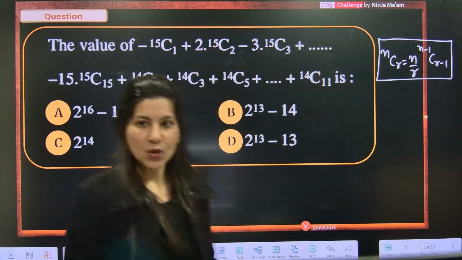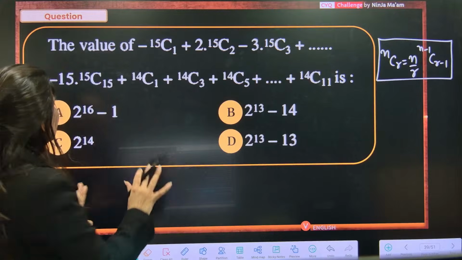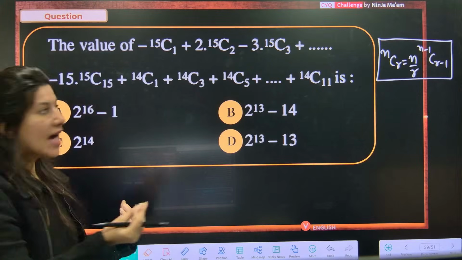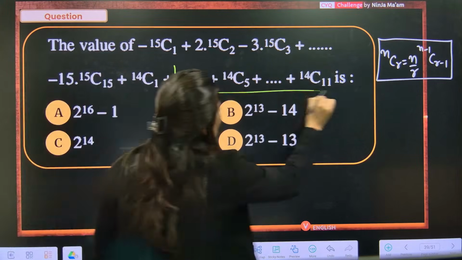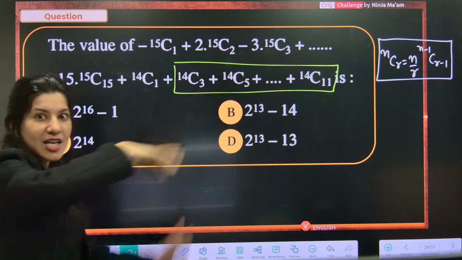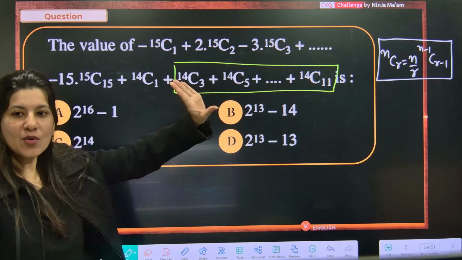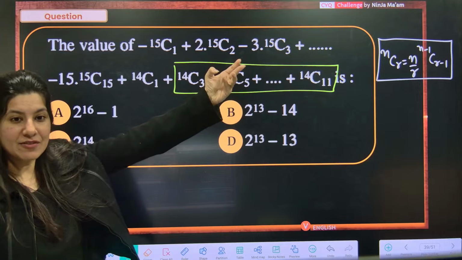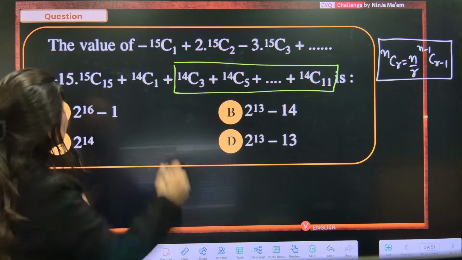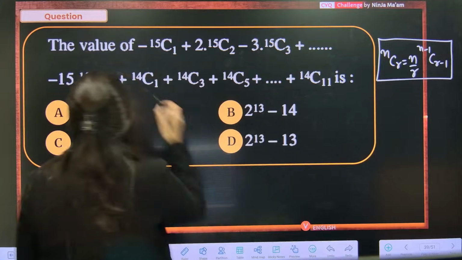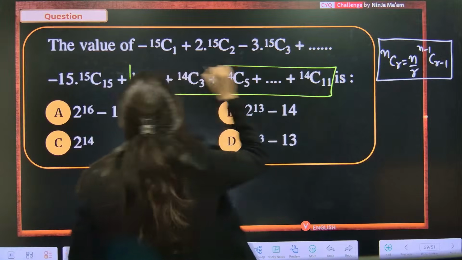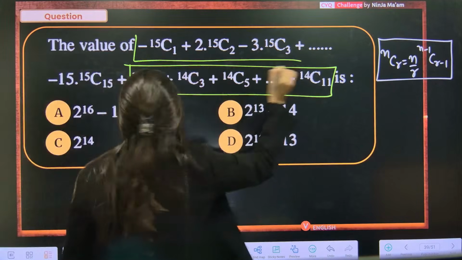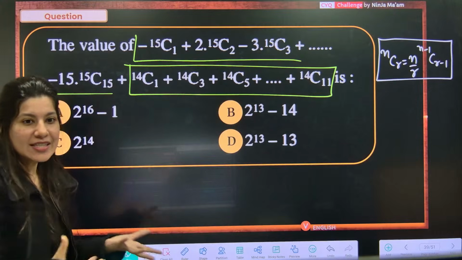Okay, alright. So now I can clearly see that this question is having two things. Another parallel universe is going on over here, 14C3, 14C5. And this is another thing. So basically two different series are going on.